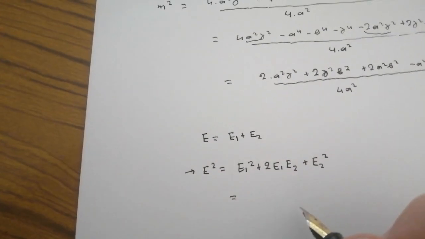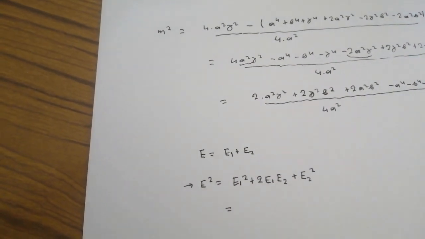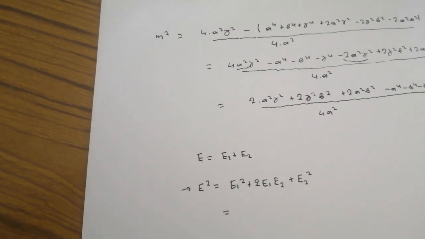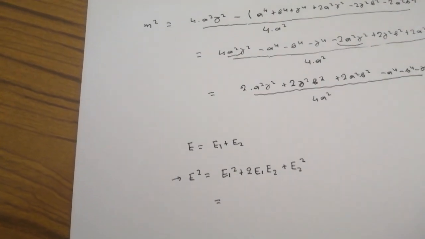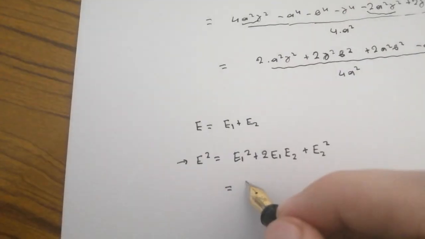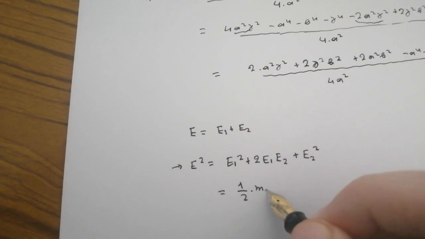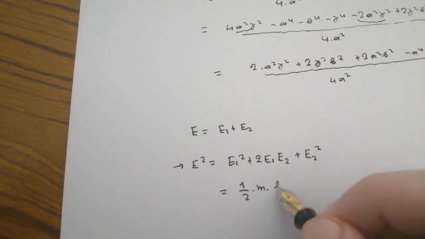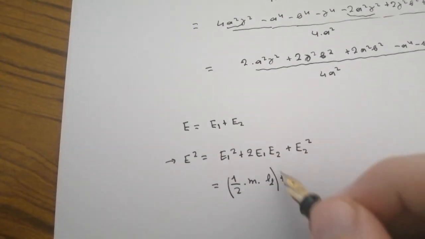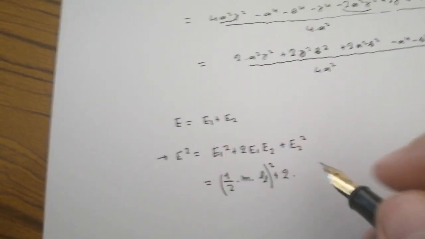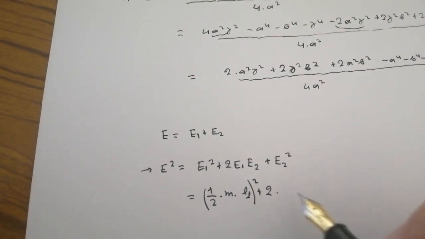So this is the area of the triangle alpha beta delta, which is 1 over 2 times the height times the base, which is L1, plus, and this is squared, plus 2 times the area of epsilon 1 times epsilon 2.